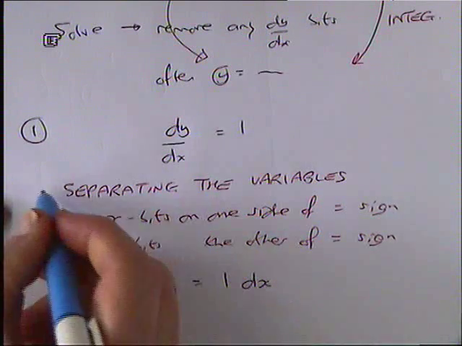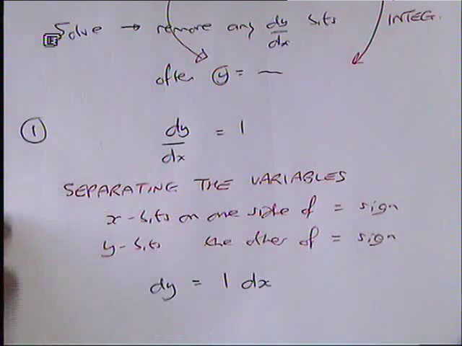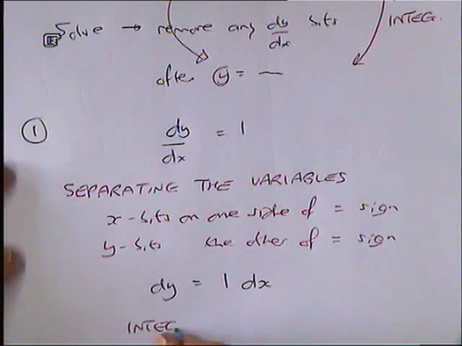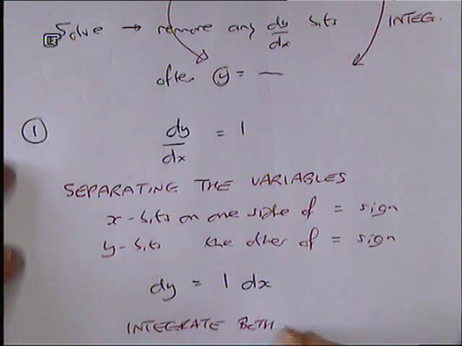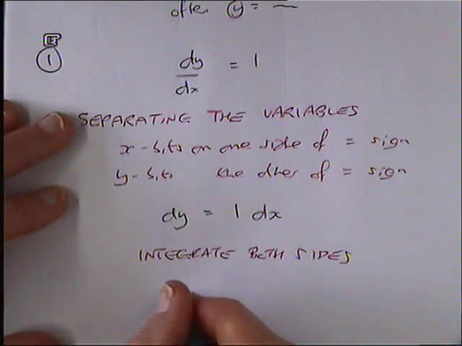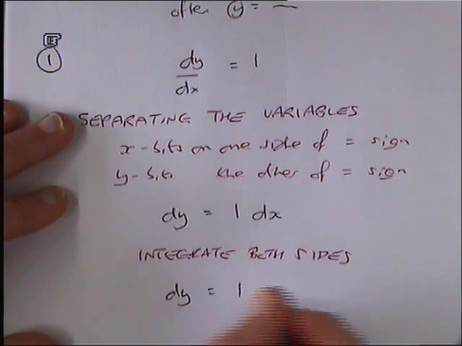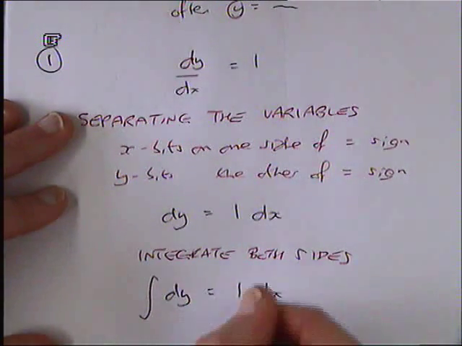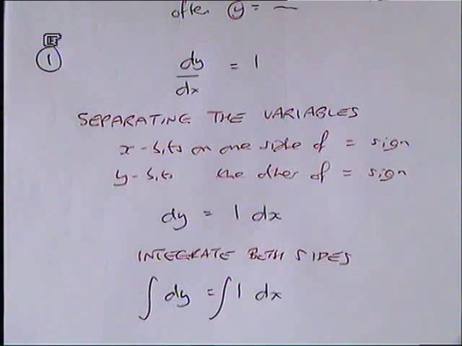So this separating the variables is step 1, and step 2 is you then integrate both sides. So literally what you do now is you write down what you've got and you stick an integral sign in front of both sides.